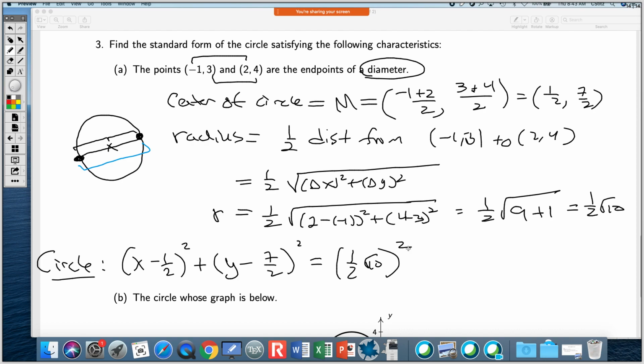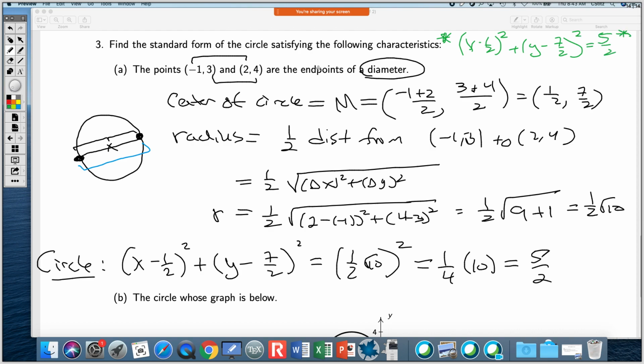And while technically that's fine, we can go ahead and simplify this radius squared. The 1/2 squared would be a 1/4. The root 10 squared would be a 10, so that's going to work out to be 5/2. So our final answer here would be x minus 1/2 squared plus y minus 7/2 squared is 5/2.